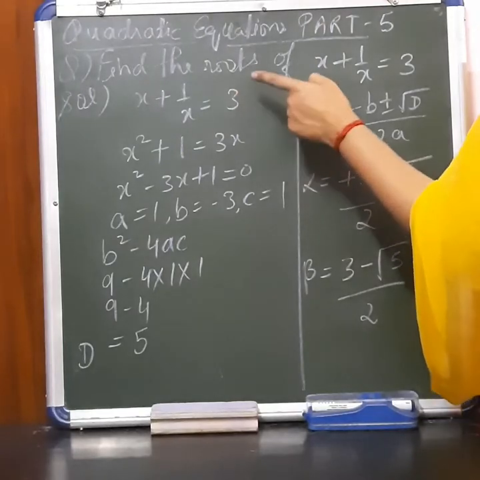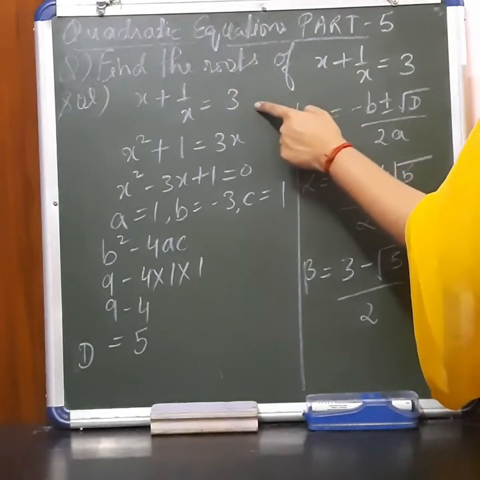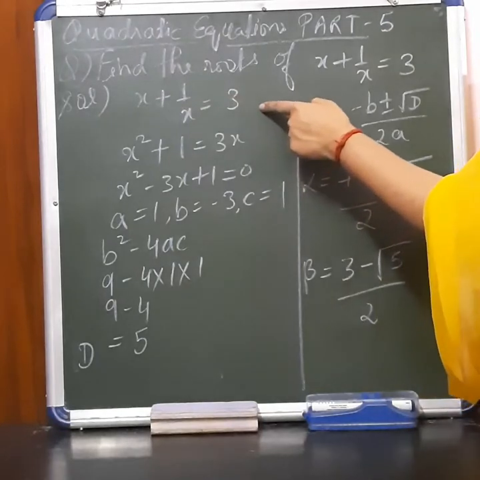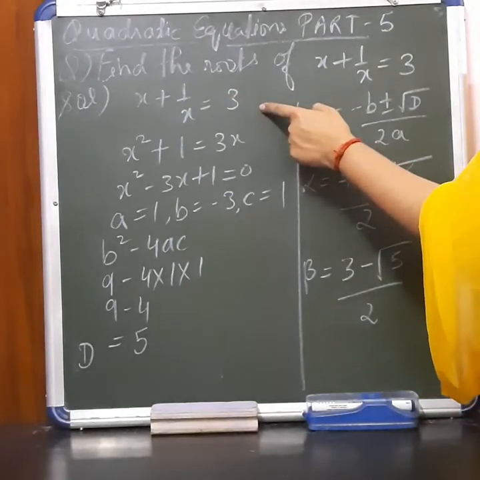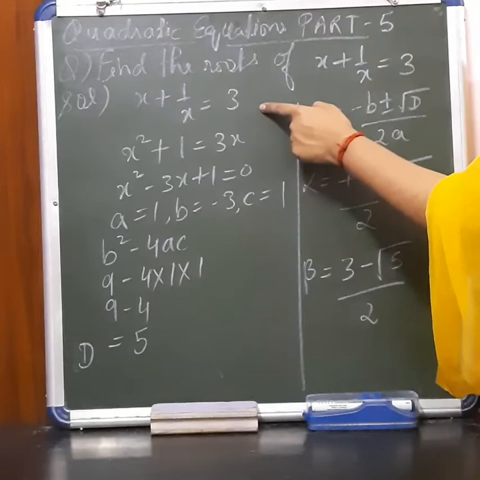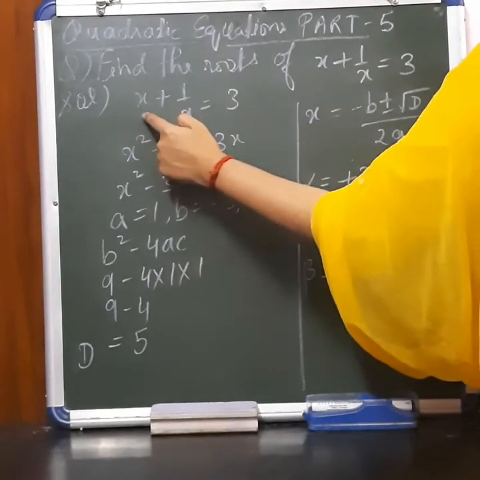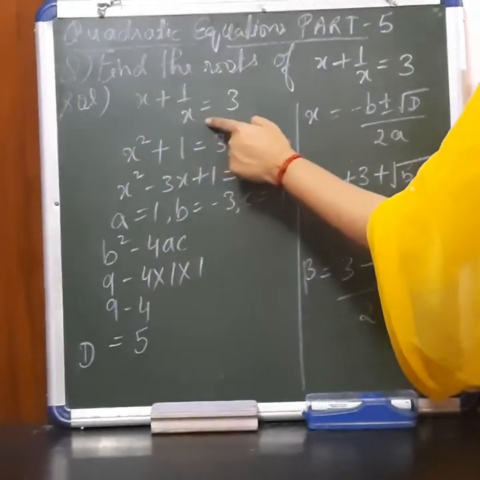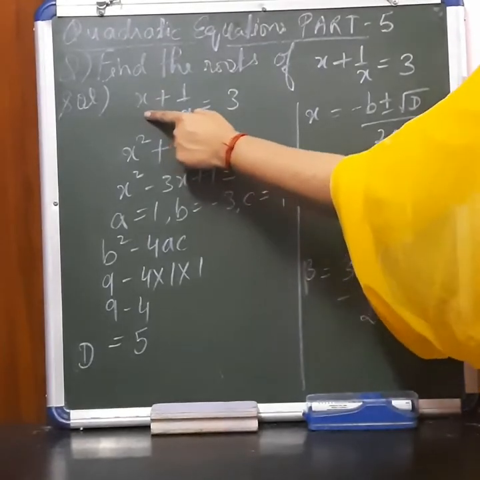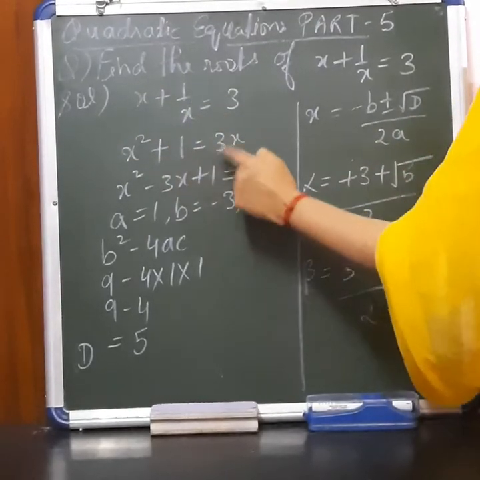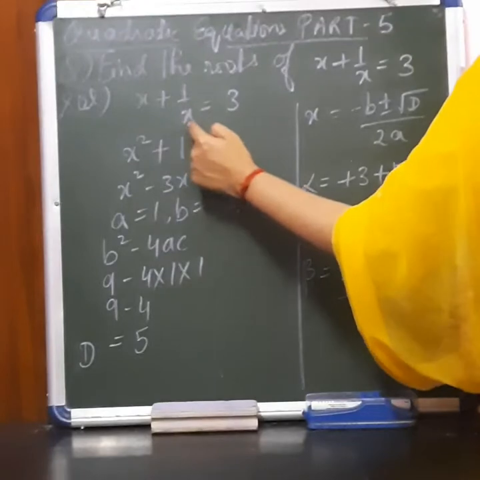First you will find the formation of this equation as a quadratic equation, that is ax square plus bx plus c. So here you will take the LCM of the denominator. Here we can say the denominator is 1, so it will be x.